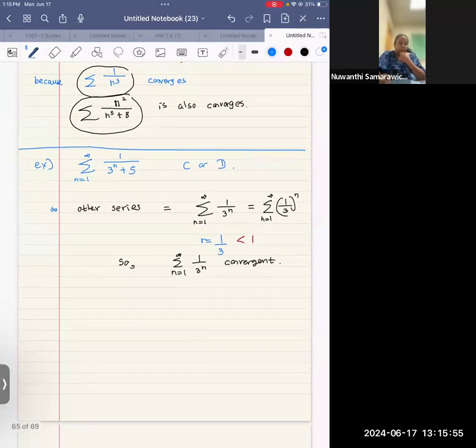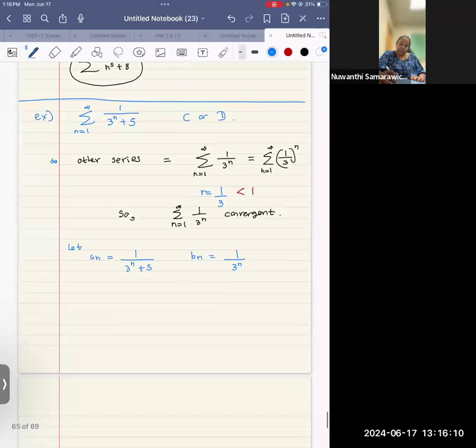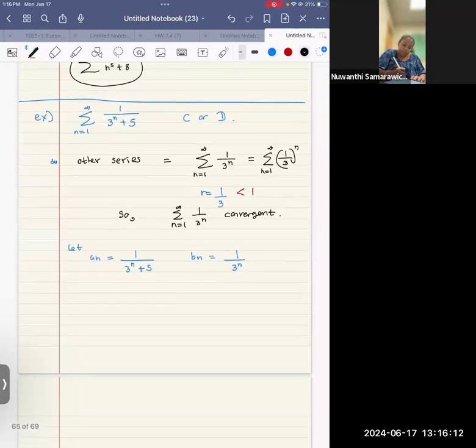Now we are going to find, let a sub n equal 1 over 3 to the power n plus 5, and b sub n equal 1 over 3 to the power n. So this is the first step, finding whether the other series is convergent or divergent.